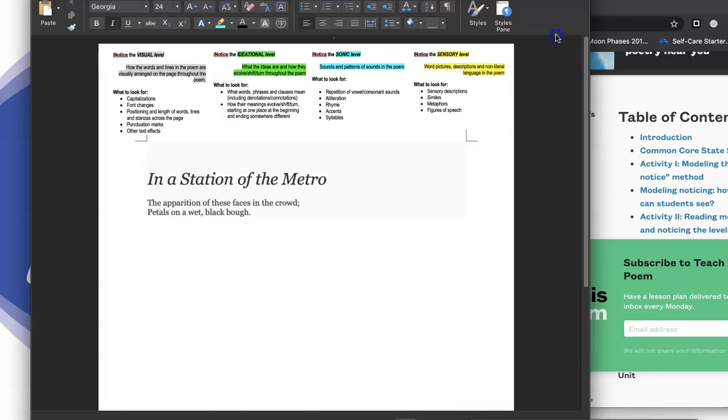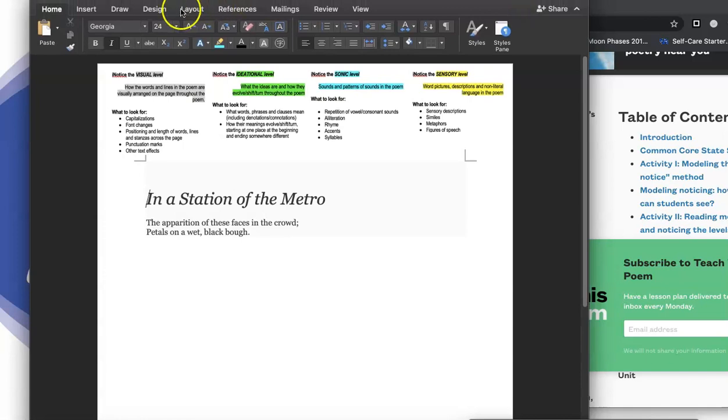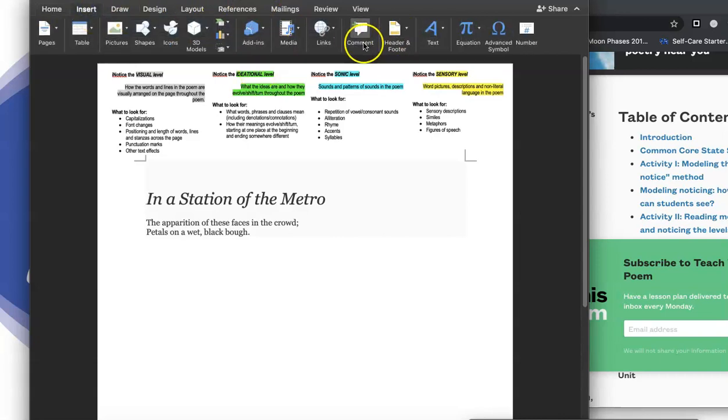If you're not familiar with track changes, it's right up here in this bar, okay? And you can use track changes simply by going to the insert and then the comment feature.